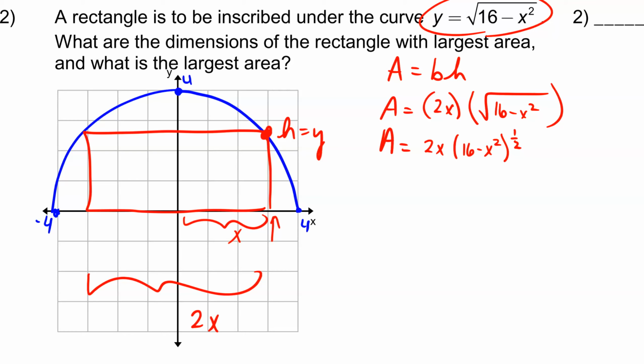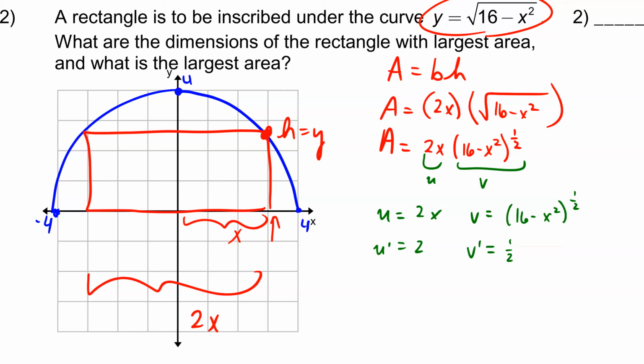Okay, so we have the area. We want to take the derivative, right? A prime. We have to use the product rule because we literally have two different functions. u is 2x, which means u prime is 2. v is 16 minus x squared to the 1/2, and then v prime is 1/2 times 16 minus x squared to the negative 1/2 times negative 2x.